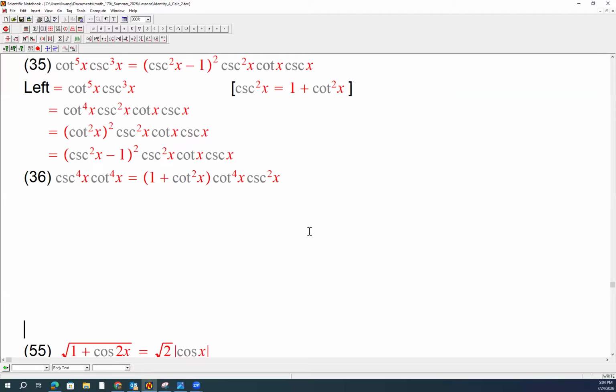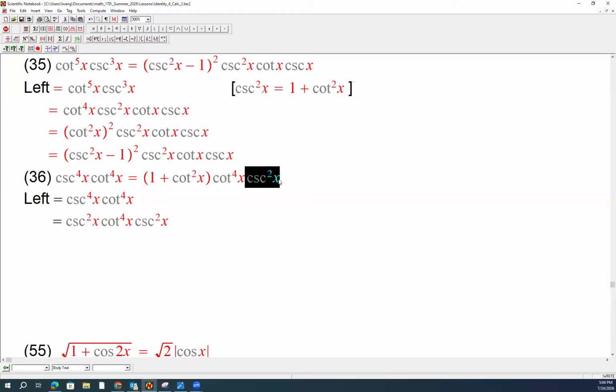36. Number 36, we got left. Okay, cosecant to the power of 4. We wanted to have cosecant squared near the end, so we're going to split, right? We're going to split cosecant to the power of 4 into cosecant squared, and another cosecant squared we're going to put to the right, at the end.